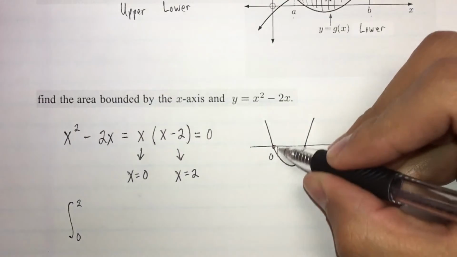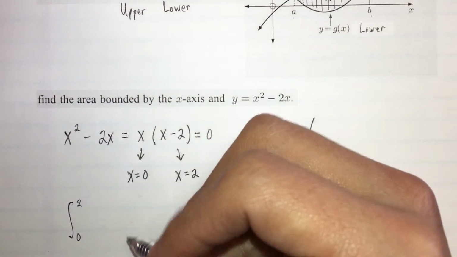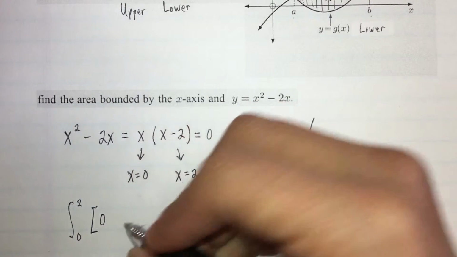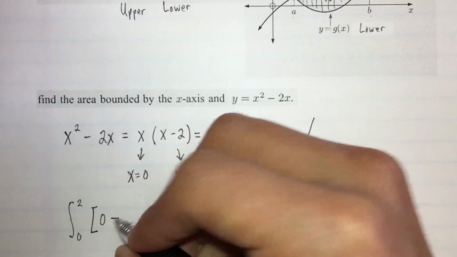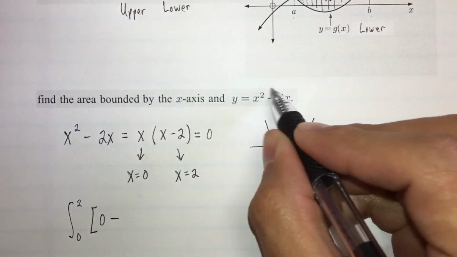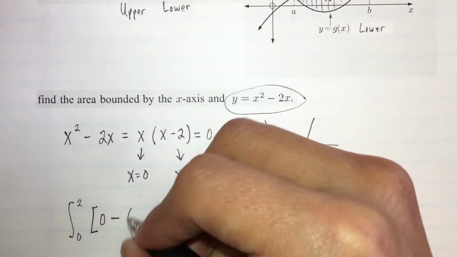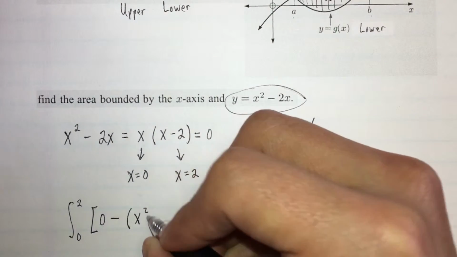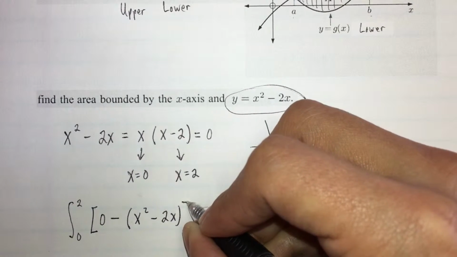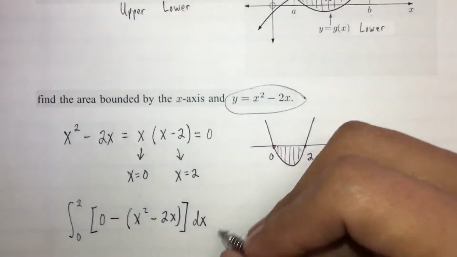So it looks like our upper function is the x-axis. So that's going to be the function y equals 0, and I'm going to have to subtract my lower function. The lower function is the y, which is minus x squared minus 2x. This is all with respect to x.